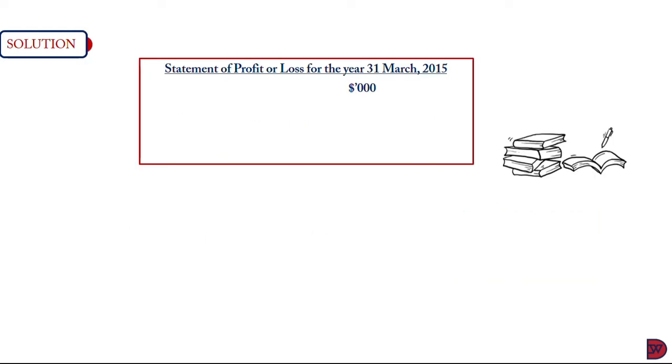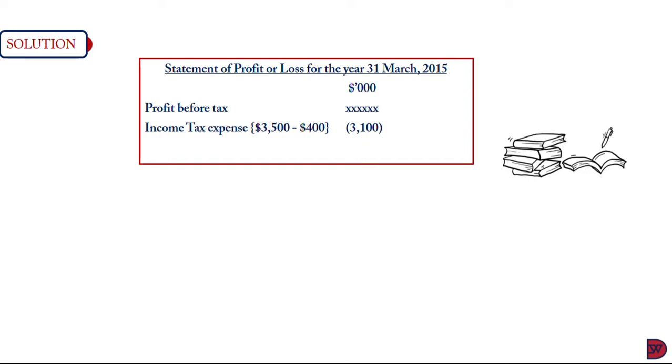Let's look at the solution. The profit before tax was not given in this question, so we itemize it as an asterisk. Now the income tax for the year, ideally, would have been what has been estimated for the current year, which will be the current tax. It will be adjusted for by whatever happenings transpired in the previous year. So for 31st March 2014, there was a $400,000 overpayment. So we will now less it from our current tax for 2015.